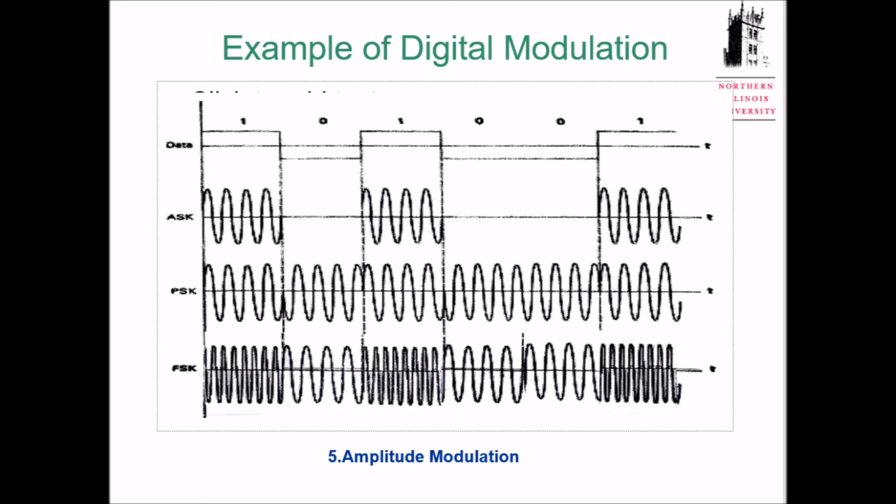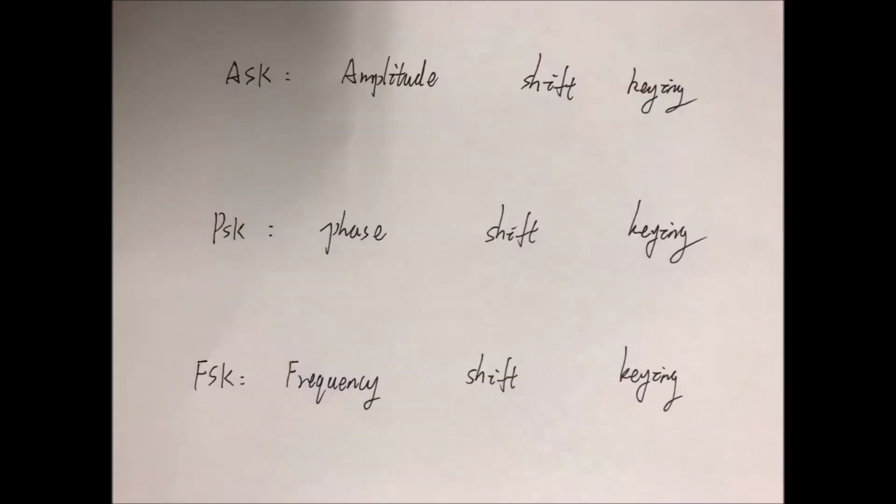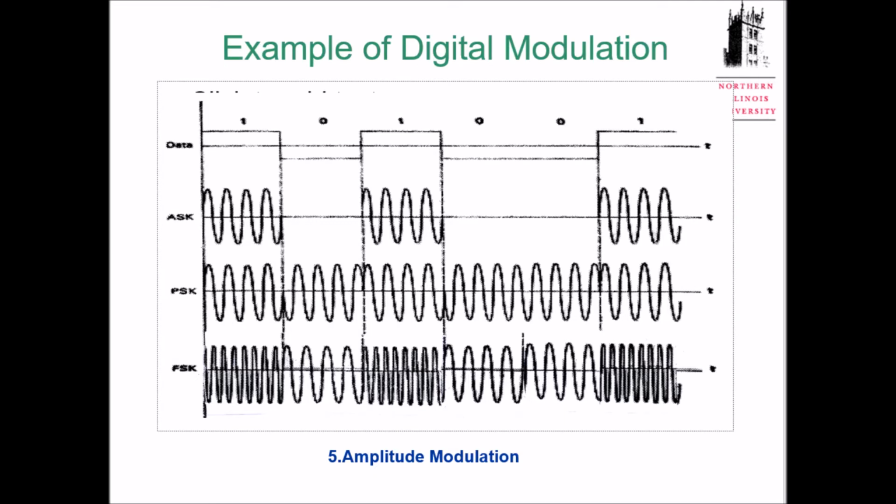So if we change the sinusoid's amplitude based on your input, we call it ASK. ASK means amplitude shift keying. So different A will carry either 1 or 0.